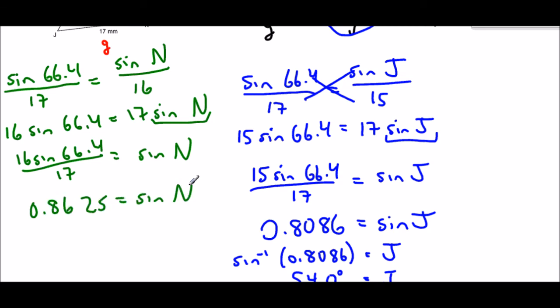And then to find N, I need to undo the sine operation, and that's done by inverse sine. And then in my calculator, inverse sine, I get that angle N is 59.59, or 60 degrees.